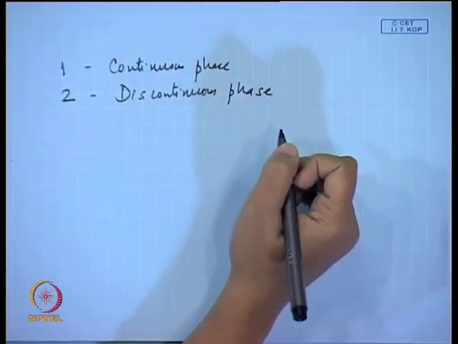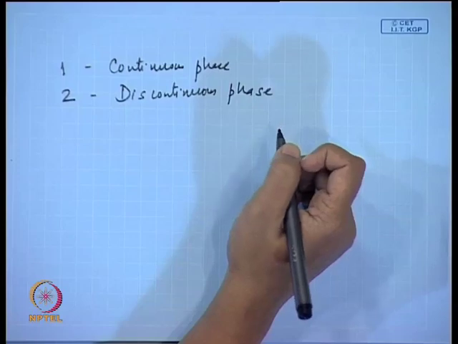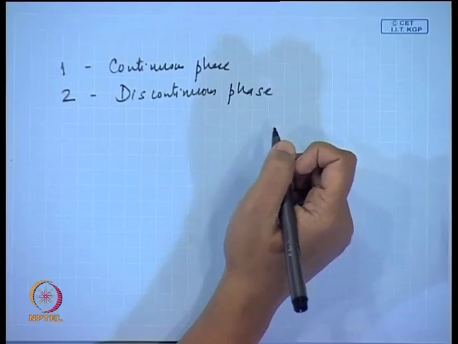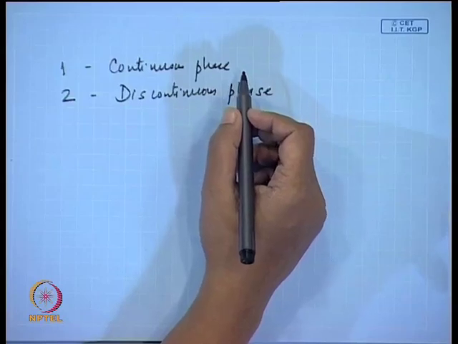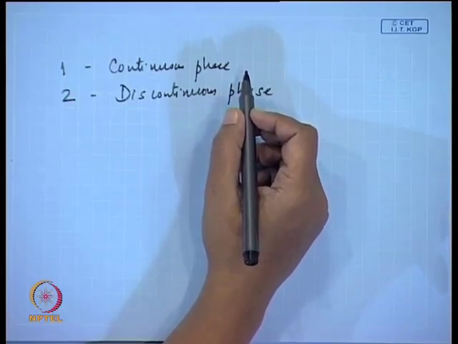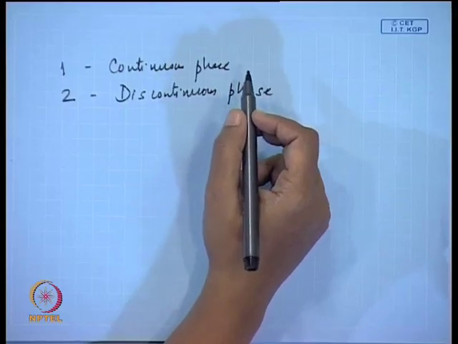Well, how do we define the continuous phase and the discontinuous phase? I had already given you the definition earlier. A continuous phase is defined as one in which any 2 points can be joined by a line, straight or curved, which passes through the same phase without crossing the interface. I would like to repeat it.